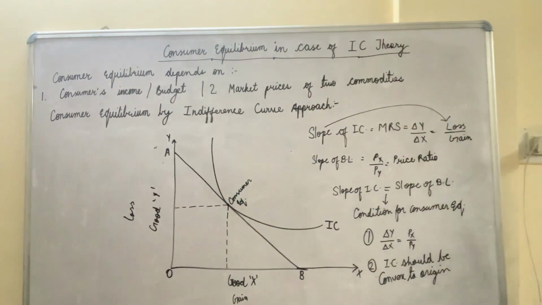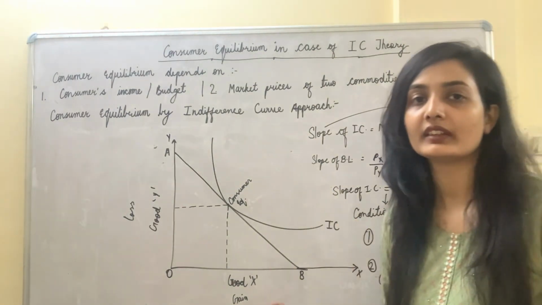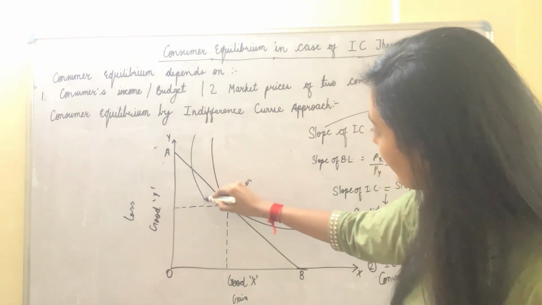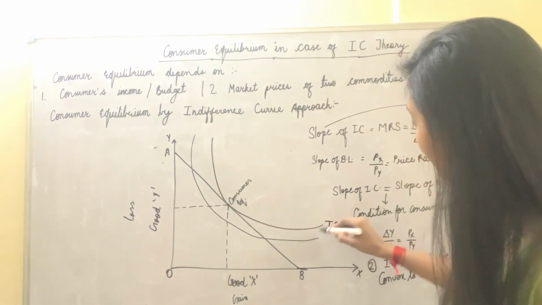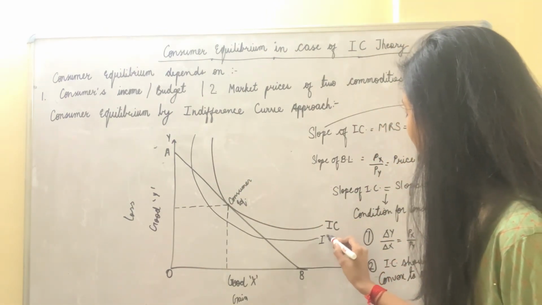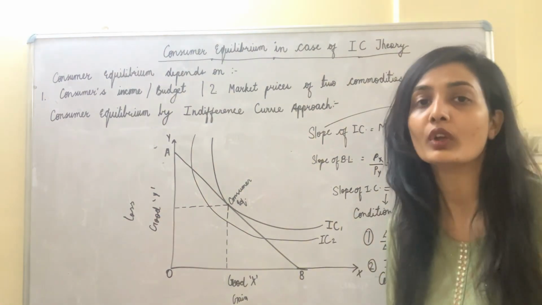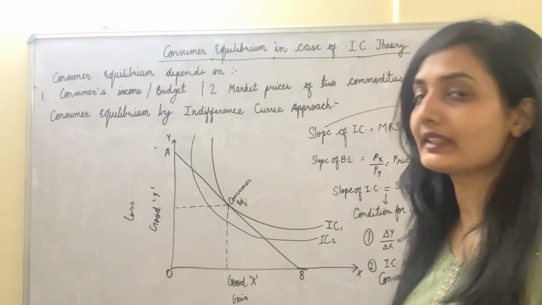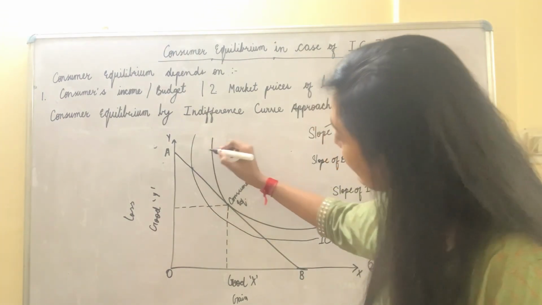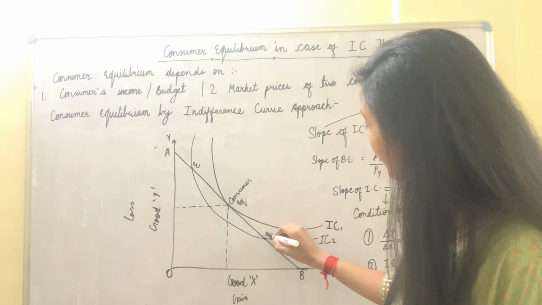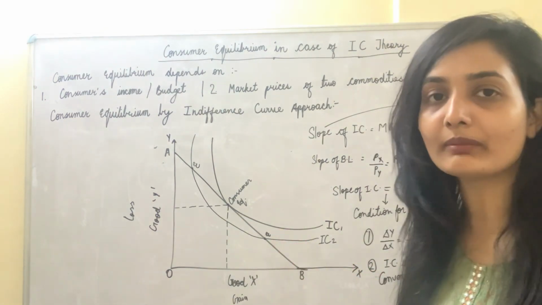Now, for example, I am again drawing an indifference curve. That is indifference curve 1 and that is indifference curve 2. Now the question arises: this is also a point of equilibrium and this is also depicting an equilibrium point.